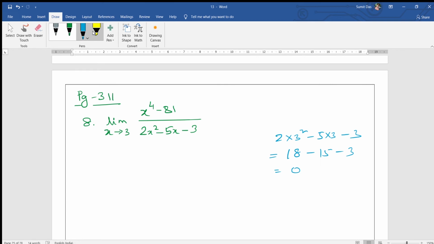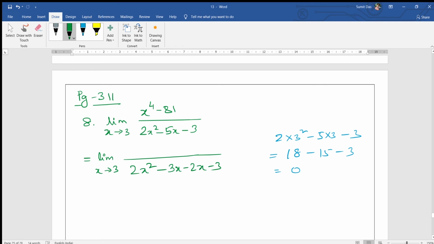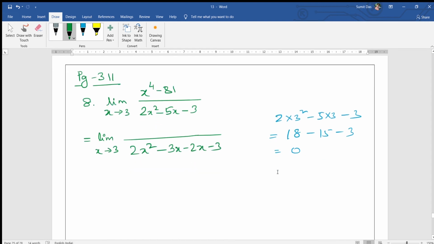It will be limit x tends to 3. For the denominator we have to do middle term factorization. It is 2x square minus 3x minus 2x minus 3. I'm not explaining the middle term factorization; I hope all of you know it.